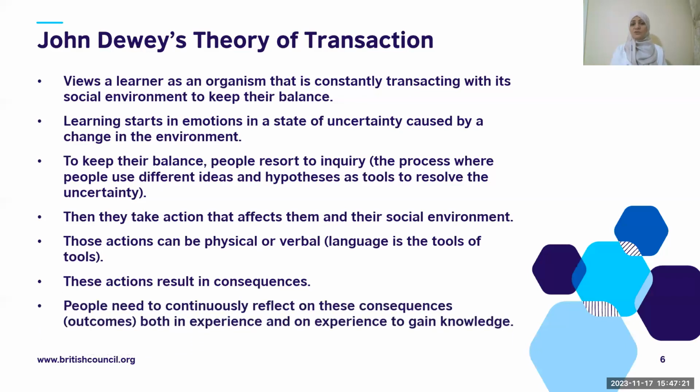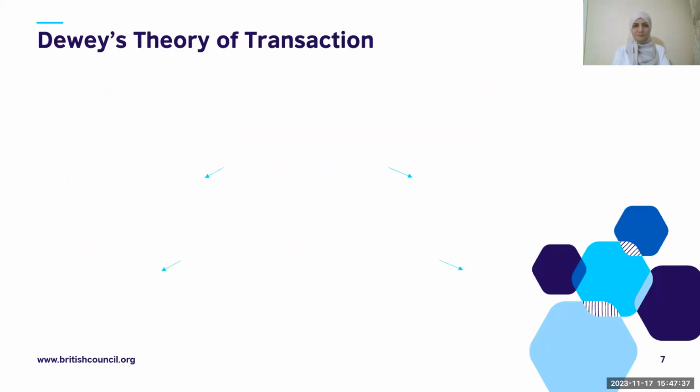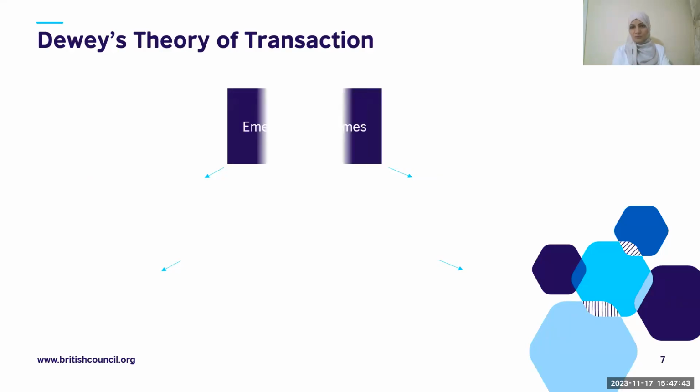Now, people need to continuously reflect on the consequences or the outcomes, both in experience and after experience, on experience, to gain knowledge. And this is how we derive knowledge from action, from experience. So Dewey's theory, when it comes to outcome, has two possible outcomes.